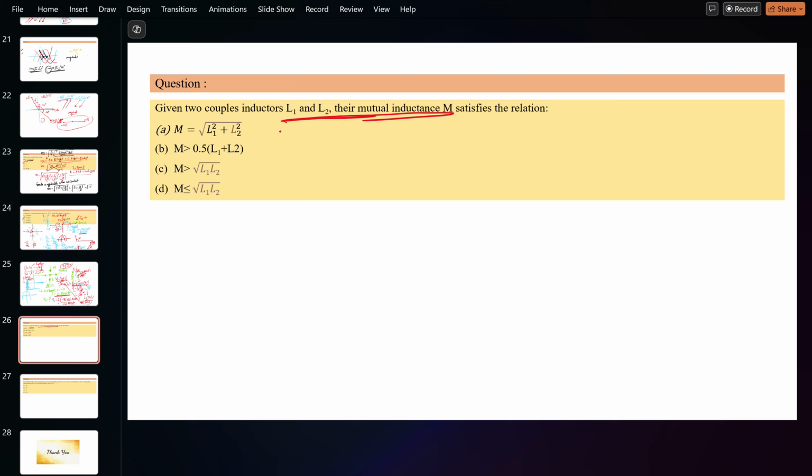It is asking, there are two coupled inductors, L1 and L2, and there is mutual inductance. It is asking what is the relation between M, L1 and L2. You have seen that M is equal to K root L1 L2.